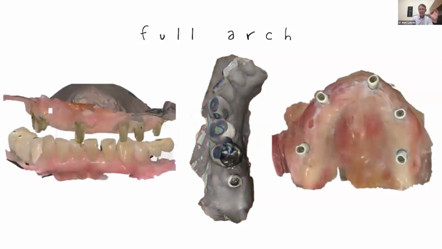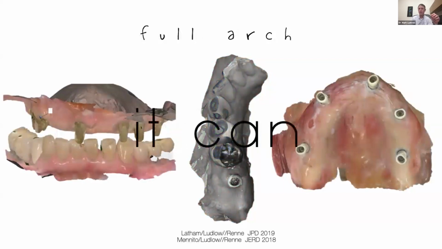Where this really matters, though, is when you start looking at full arch, whether it's full arch implants, full arch on teeth, whether you're doing a diagnostic full arch or clear aligners or anything like that. You need that full arch scan to be the best possible scan that we can get.